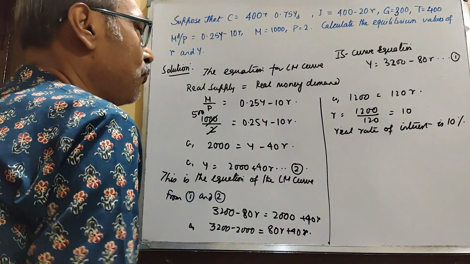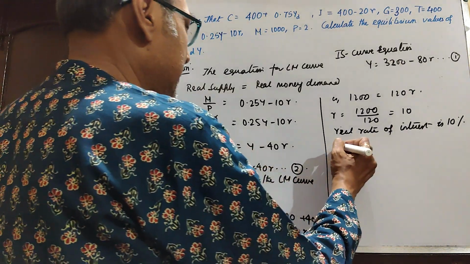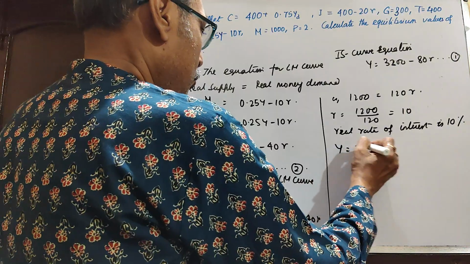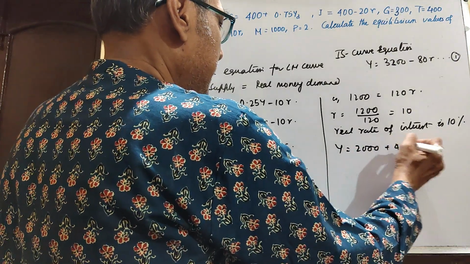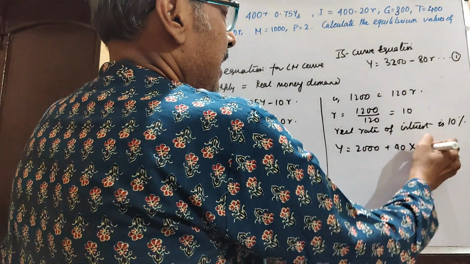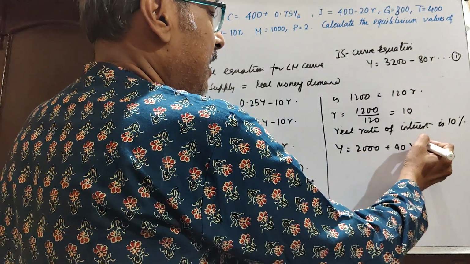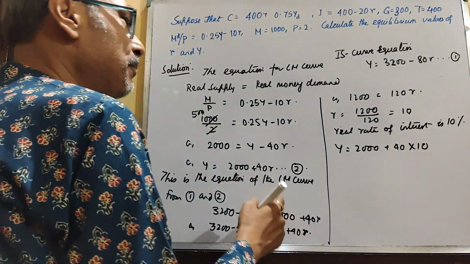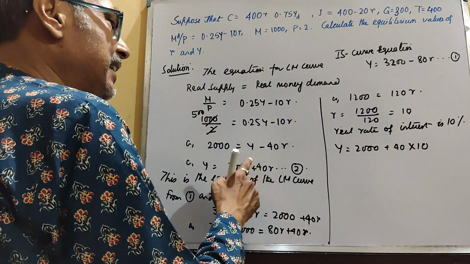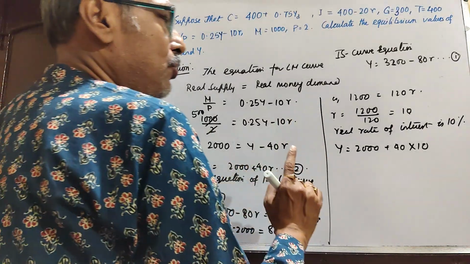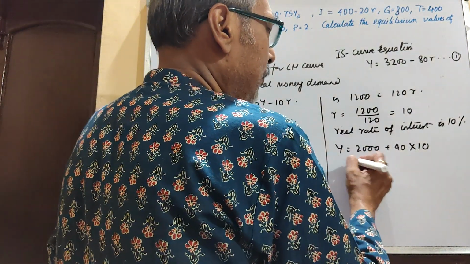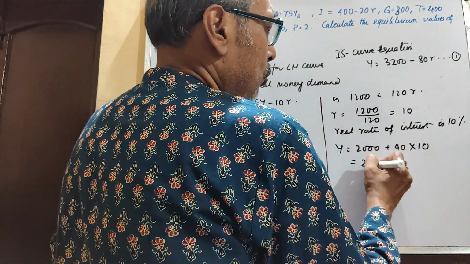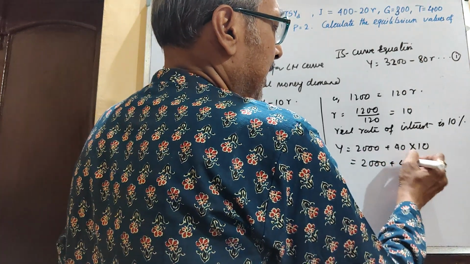Now we calculate the value of Y, that is Y equals 2000 plus 40 times, in place of r I am writing 10. We can put the value of r either in equation 2 or in equation 1, and we get the same value. This is 2000 plus 400.